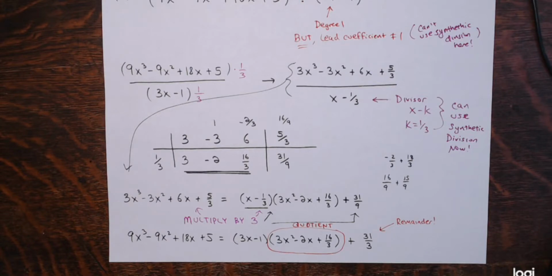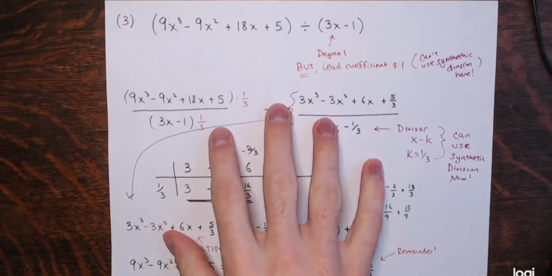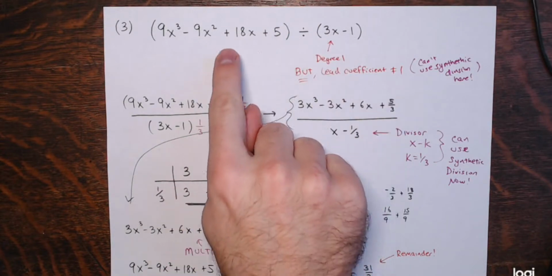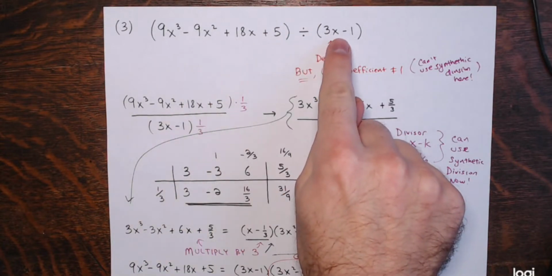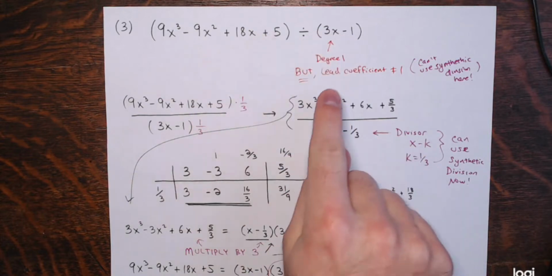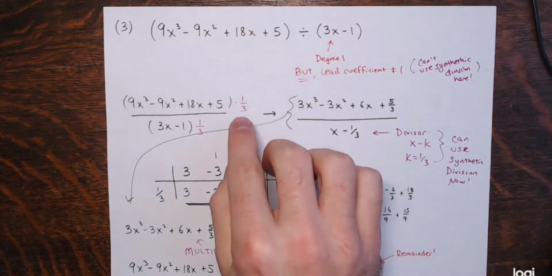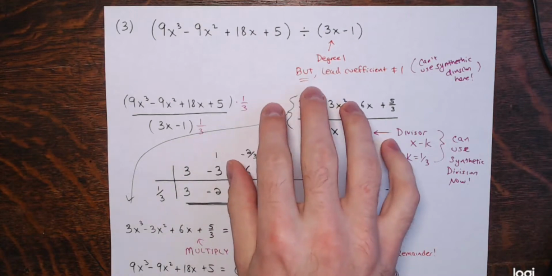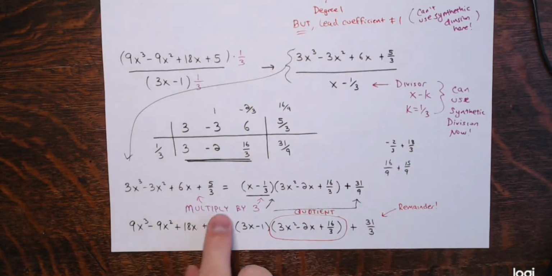All right. So again, when the lead coefficient is not 1, divide the dividend and divisor by that number. Like here it was 3. But then to get back to the original dividend and divisor, you multiply by 3 at the end.